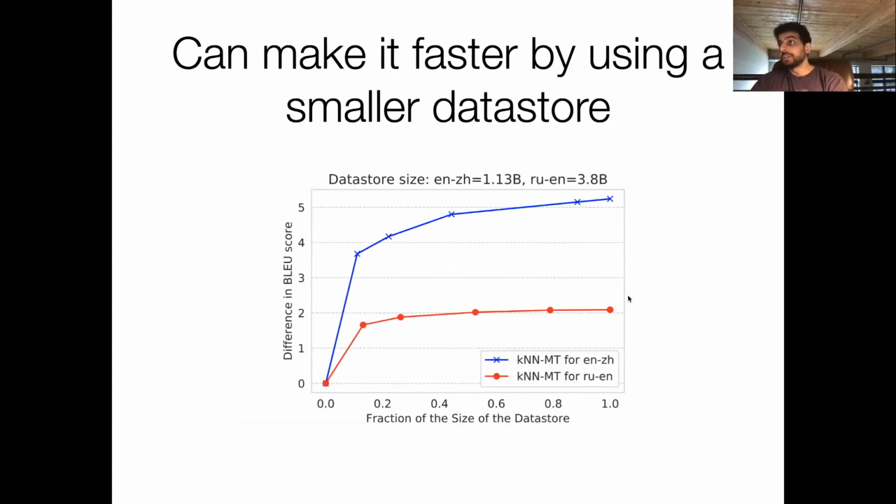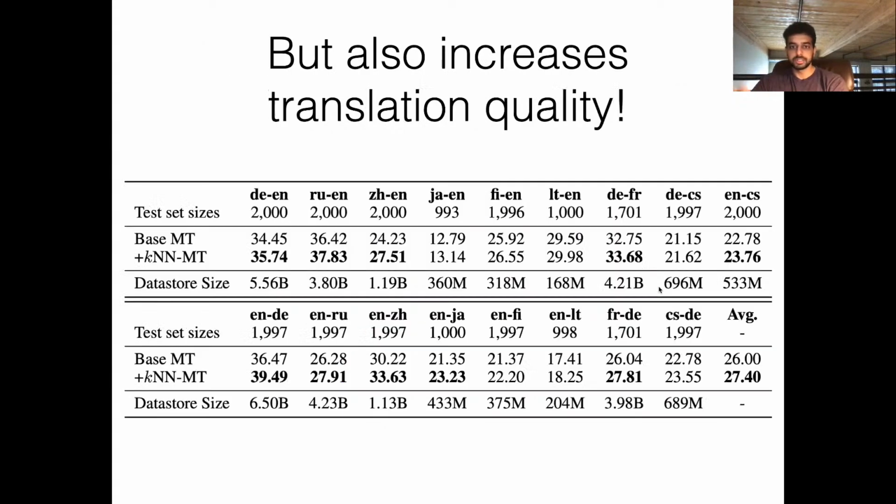However, they do an analysis of how big the data store needs to be to get these performance improvements. And you can see that here, this is, I think, the blue line is English to Chinese and the red line is Russian to English. You get an improvement on English to Chinese by increasing the size of your data store to some huge amount. I guess they have it here. What is this?